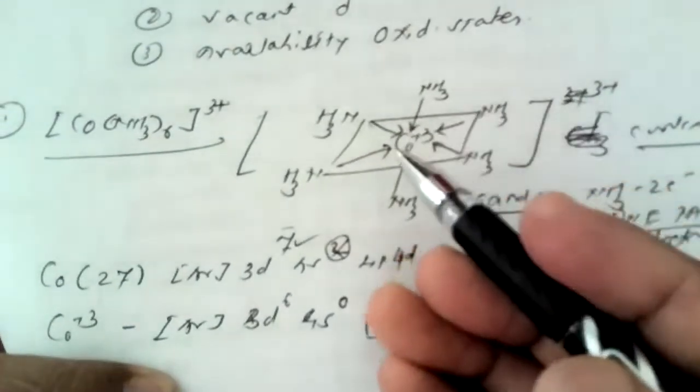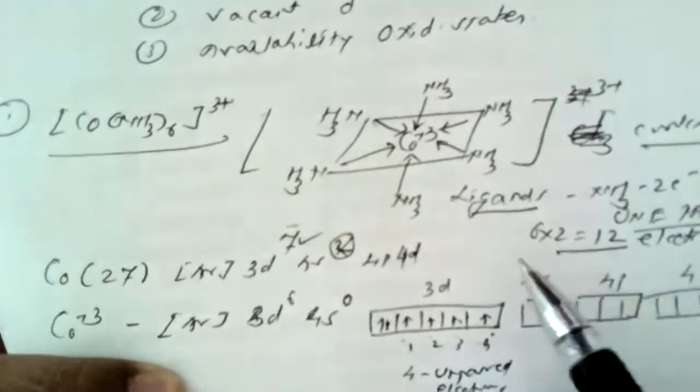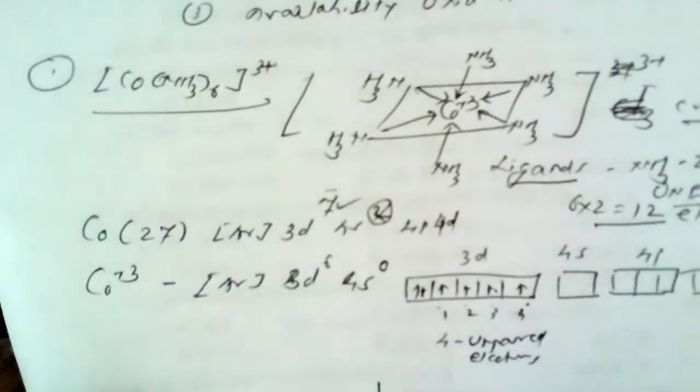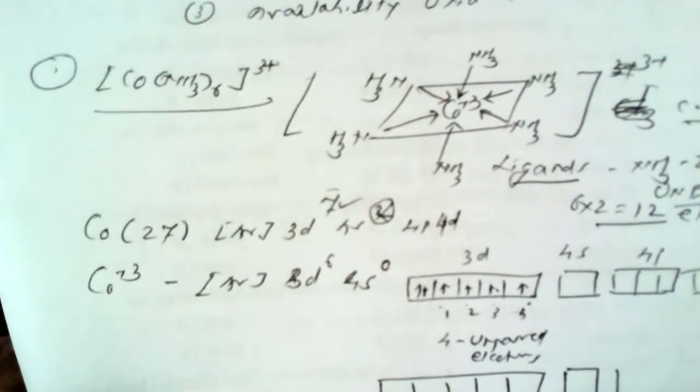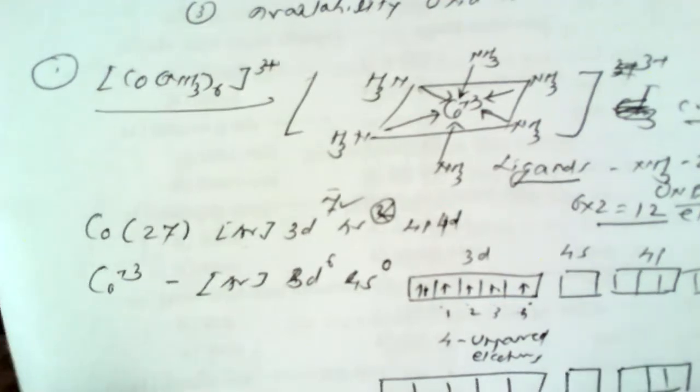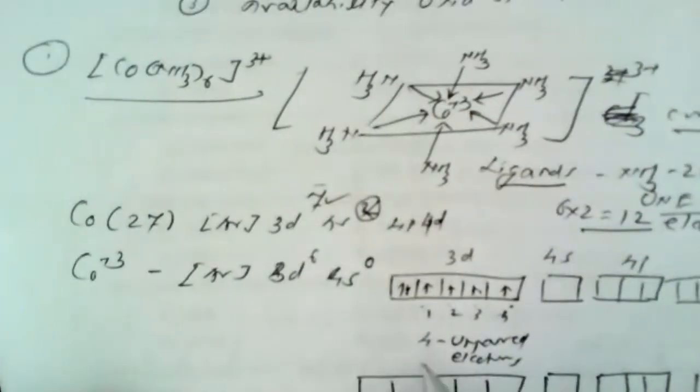So when 6 ammonia molecules come closer to the 3d orbitals of cobalt, what will happen? Here is the resultant picture I am showing. This is 4s, 4p, and this is 4d. This is 3d, 4s, 4p, and 4d.